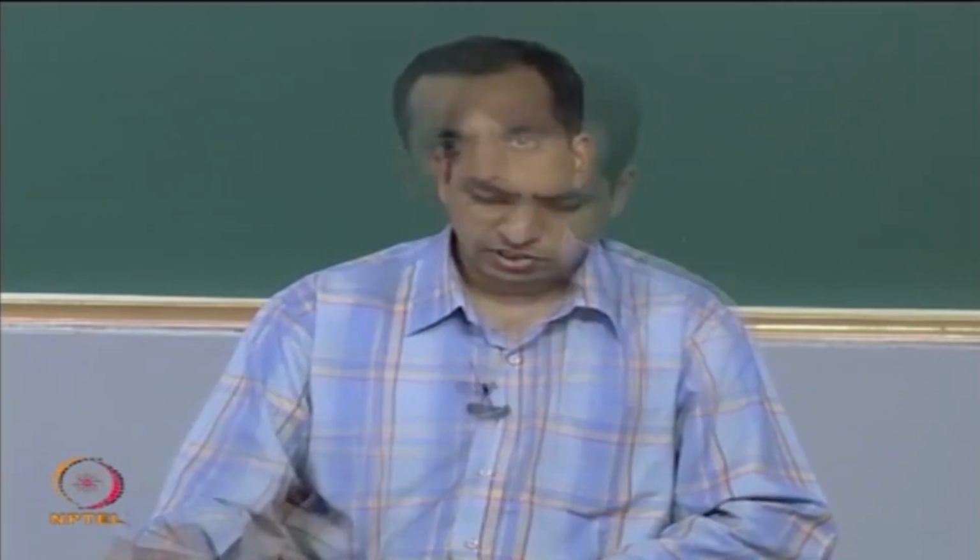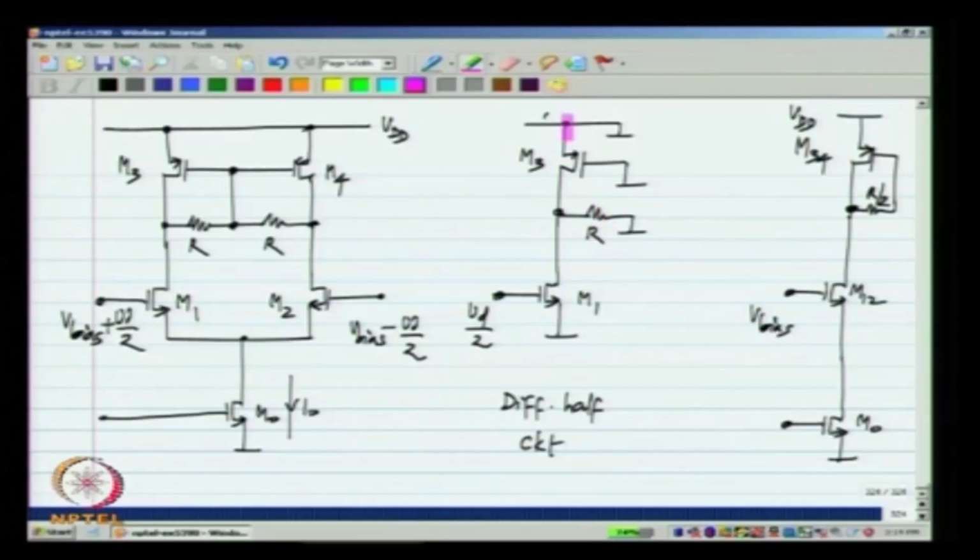It is very easy to see. The R here appears in parallel with the GDS of M3 and GDS of M1. Okay. So, the voltage gain from this point to that point will be the GM of transistor M1 divided by GDS1 plus GDS3 plus this conductance G. Okay.